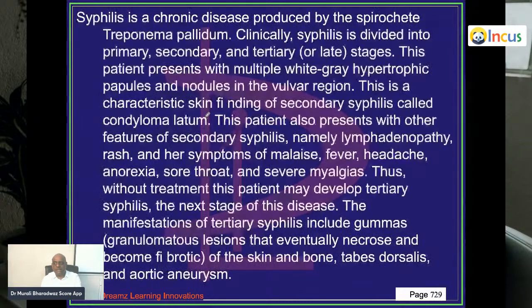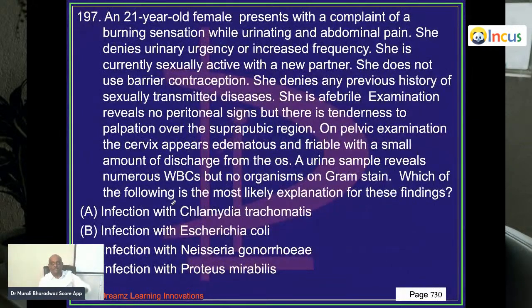And if you don't treat it, in the next stage it will lead to the development of gummas. Gummas are granulomatous lesions that necrose and become fibrotic. Skin gummas, bone gummas, anything can happen.